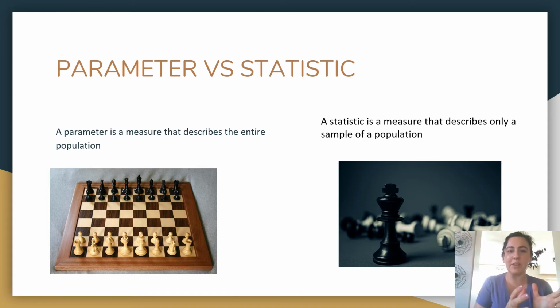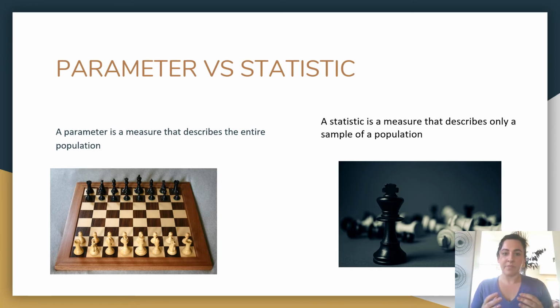Okay, so parameter versus statistic. A parameter, notice that it starts with the letter P. I just want you to remember, it starts with P, and P is also the first letter of population. So a parameter is a measure that describes the entire population.